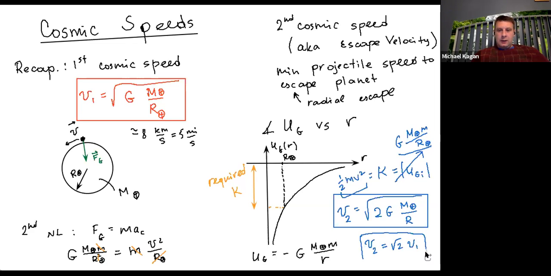Okay, and that's not a coincidence. It's actually true for any planet or star. So again, intuitively, one might think, oh, you started orbiting the planet, but it's going to take much more to escape. No, not much more. You know, root 2 is roughly 1.41. So like 41% more speed and you're gone from the planet completely. Okay.